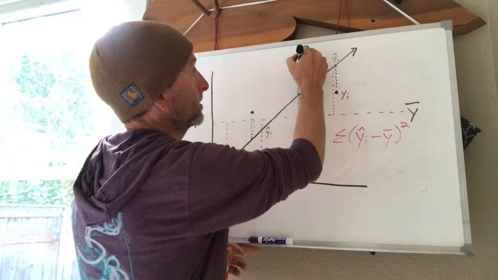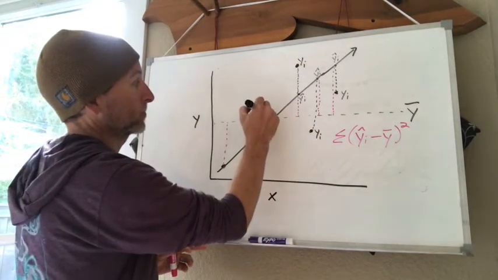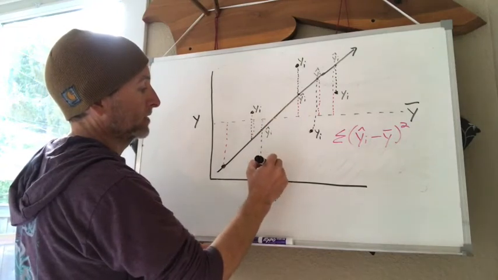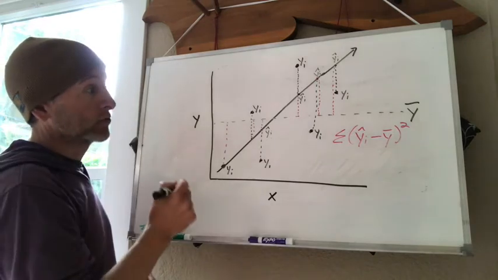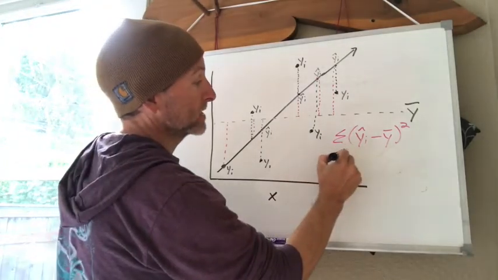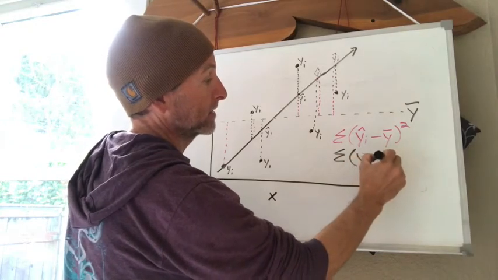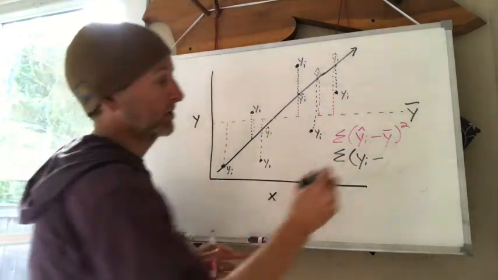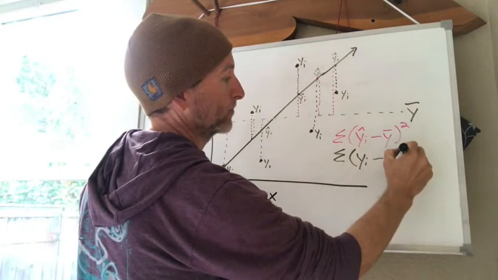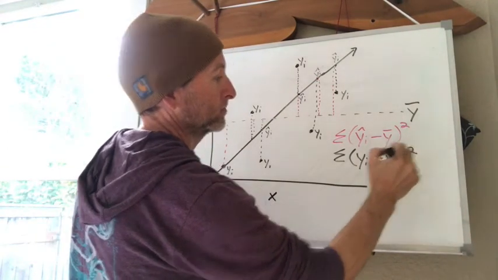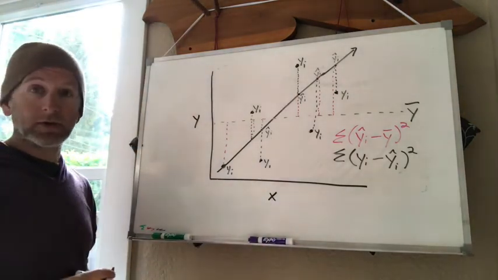Y sub i there, y sub i there, y sub i, y sub i, and y sub i. And you remember our error term was going to be the summation of our y sub i minus y sub i hat. Okay, so that was going to be the next level in our regression.